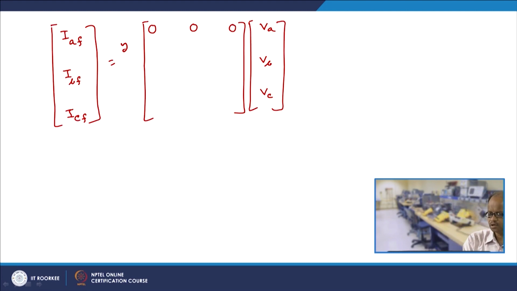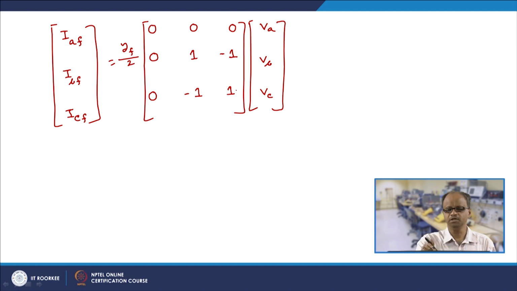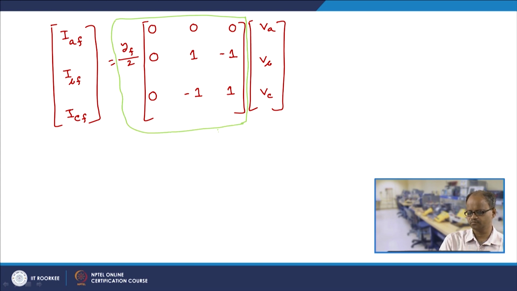So we can take YF by 2 outside, and the matrix is 0, 0, 0; 0, 1, minus 1; 0, minus 1, 1. Therefore, this is the fault admittance matrix. This green colored matrix is the fault admittance matrix.